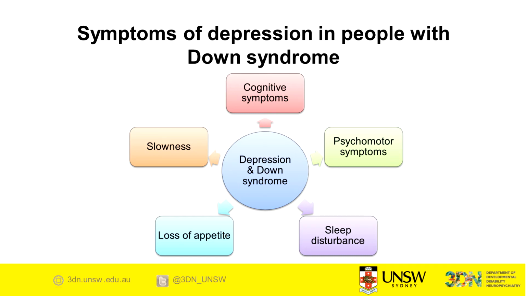Cognitive features predominate. Memory and concentration problems may be somewhat less. Psychomotor retardation is common. Disturbed sleep and loss of appetite are more common. And the pathological slowness of Down syndrome. That pathological slowness is frequently seen in Down syndrome early dementia and Down syndrome depression.